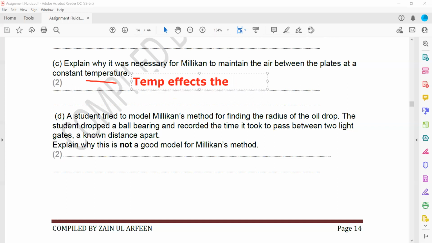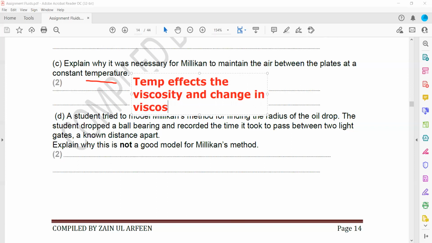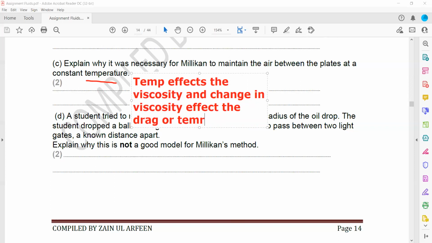And as the temperature affects the viscosity, the change in viscosity affects the drag force or the terminal velocity.